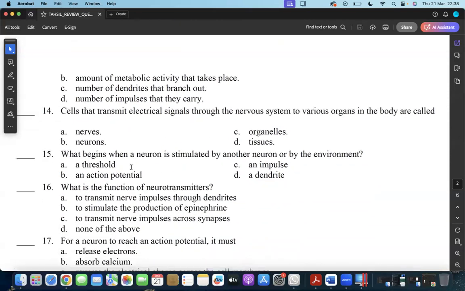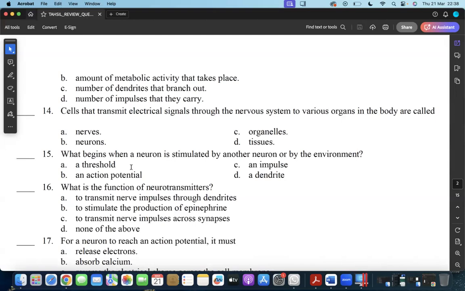So question number 14 says, cells that transmit electrical signals through the nervous system to various organs in the body are called what? We have some cells which are responsible for carrying impulses, electrical signals, from the nervous system to the body.